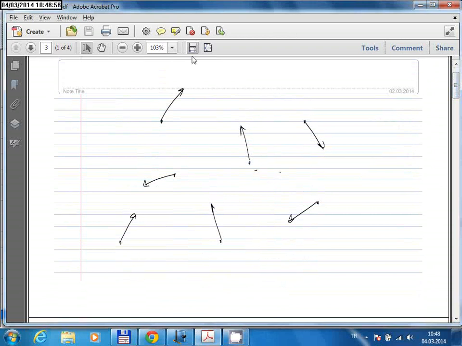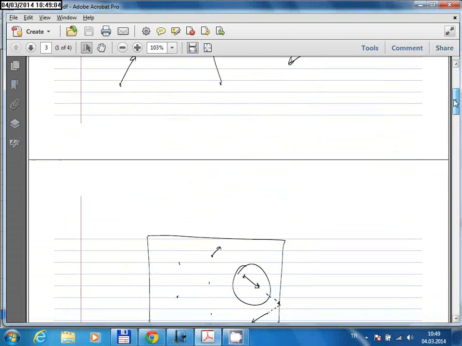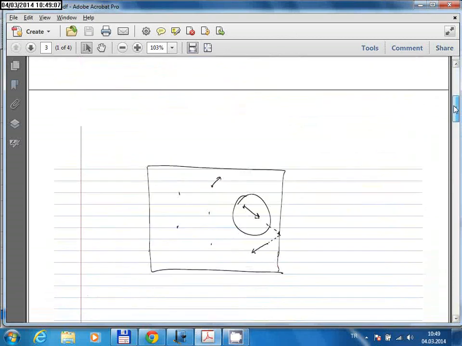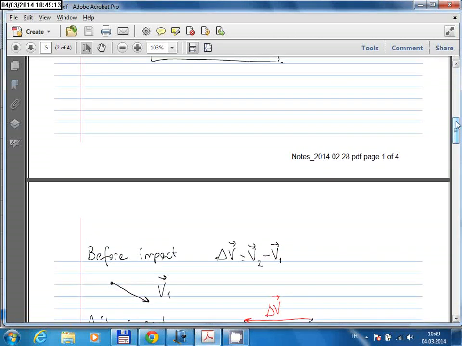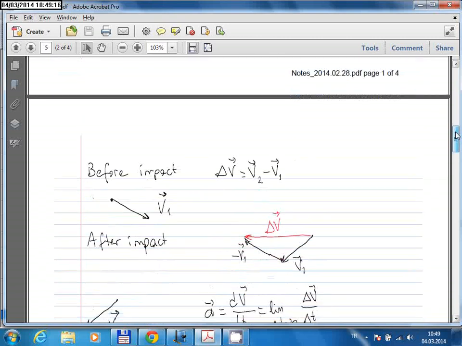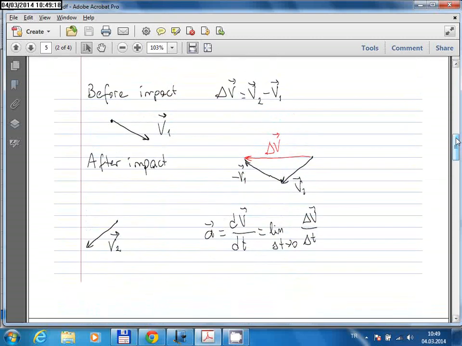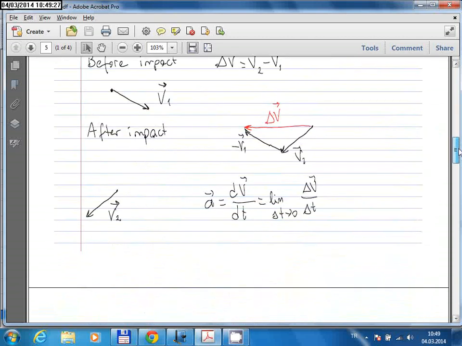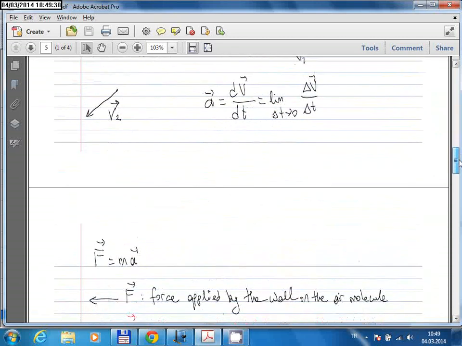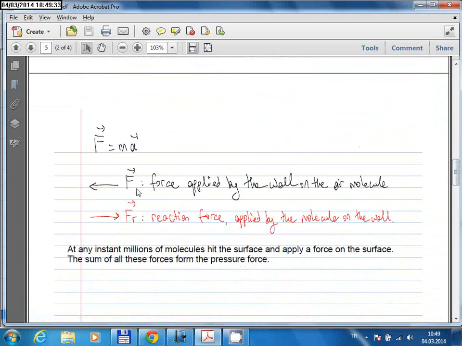First, I defined what a gas is, or what property makes a substance a gas, and then I said that any gas, due to its property, can fill up any container, and the gas molecules are in constant motion, and as a result of that, they constantly hit any surface within their path, and the collisions create a force on the walls of the container, and the sum of all tiny forces created by each individual molecule constitutes the pressure force.